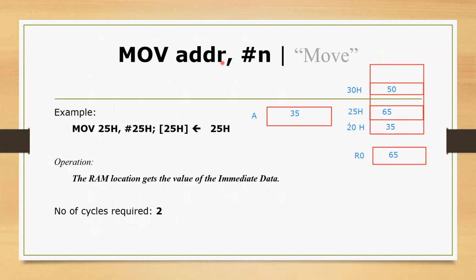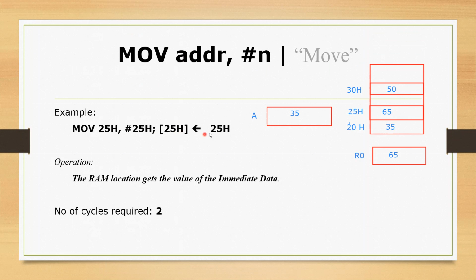MOV address, #n. That is, we are copying immediate data to a particular memory location. So MOV 25, #25 hex. Here the 25 without hash means it's the memory location 25, and #25 means it's the immediate data 25.